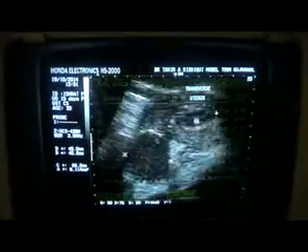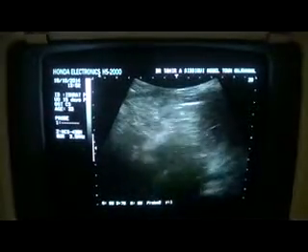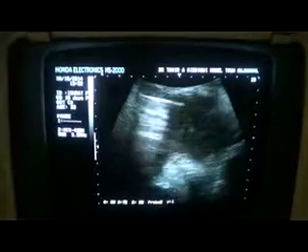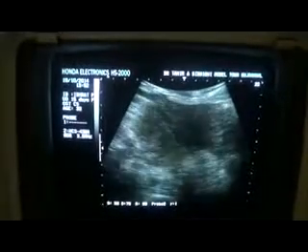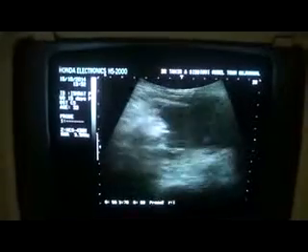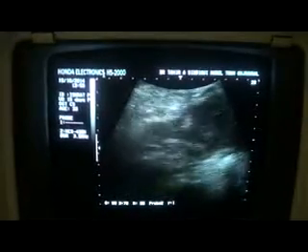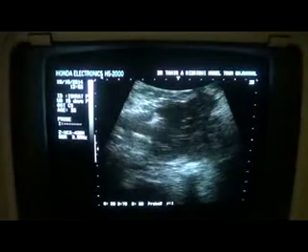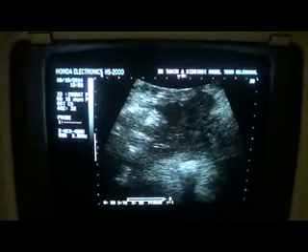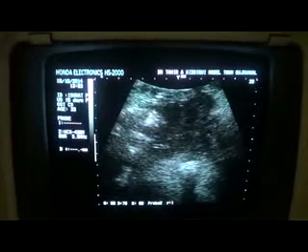Another issue is that when I move the probe towards the right lower abdominal quadrant, this fluid tracks upwards up to the right lower abdominal quadrant with thick mesentery.